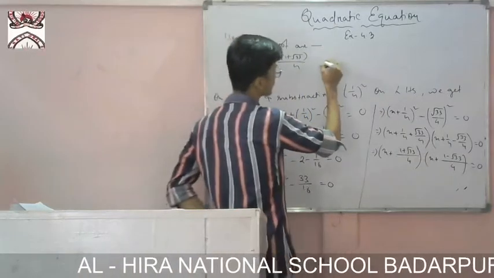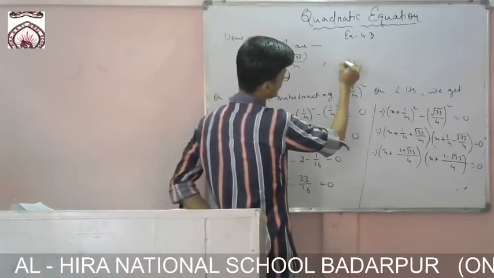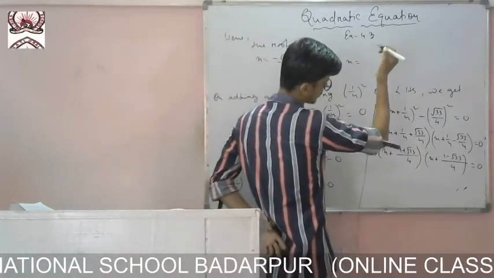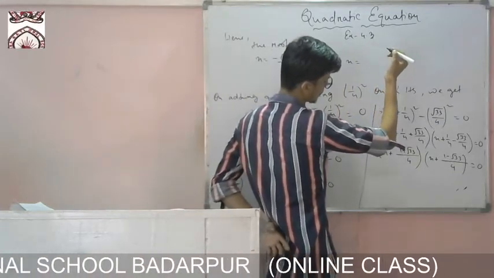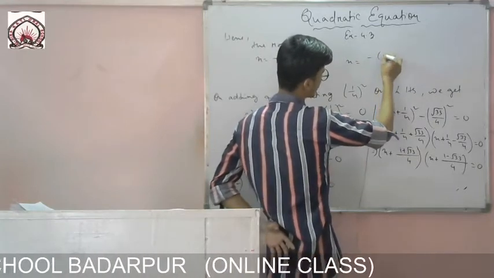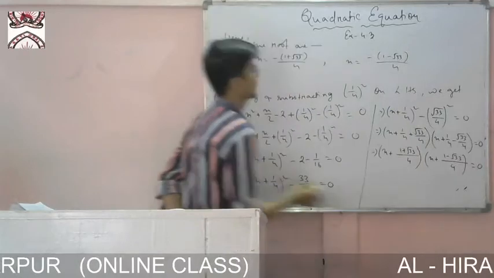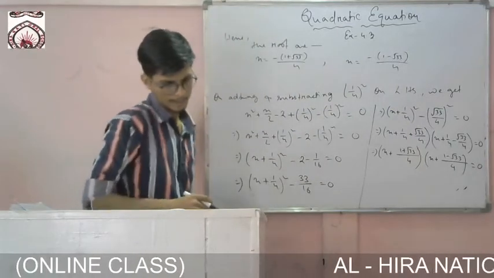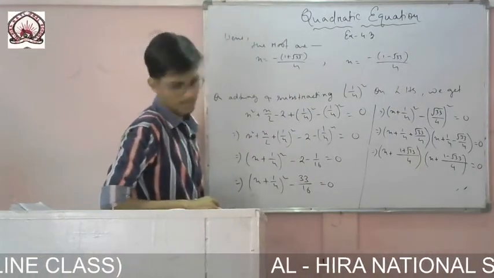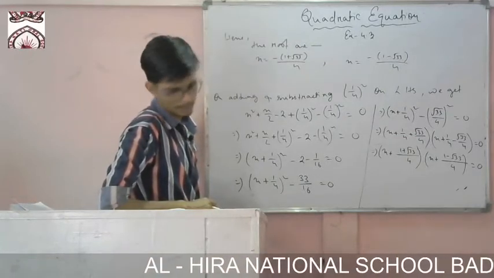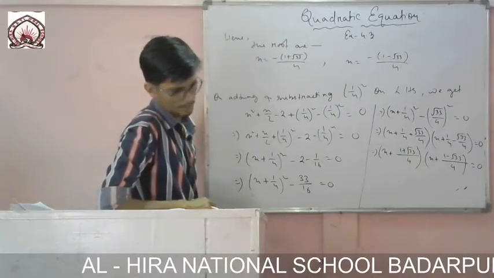Another one will be x equals, again minus will come, so minus 1 minus root 33 by 4. So hence the roots will be minus 1 plus root 33 by 4, and another one will be minus 1 minus root 33 by 4.